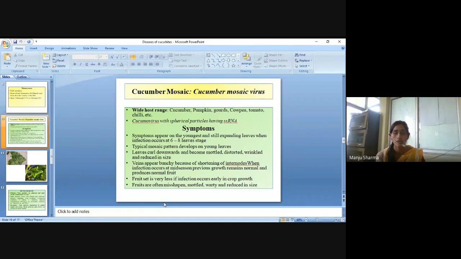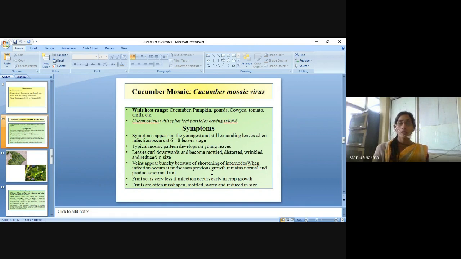Then the typical mosaic pattern develops on young leaves.